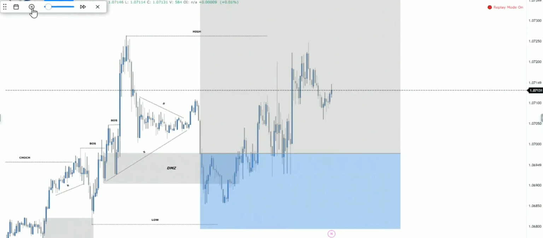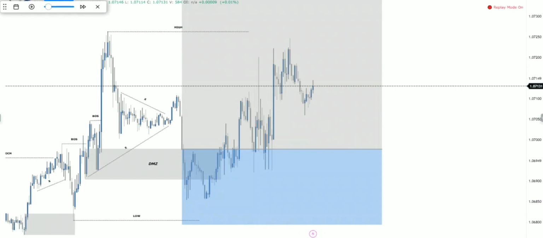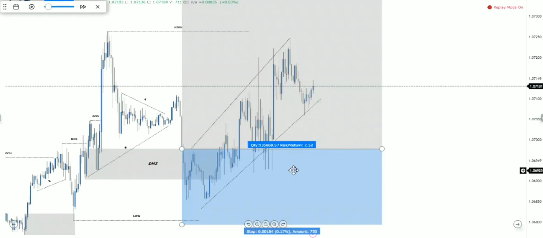Hey guys, so what I want you to look at as well is if you look at what's happening over here, and over here as well, right? If you look at the higher time frame, this would be liquidity on the higher time frame as well. So do not just stick to one time frame.